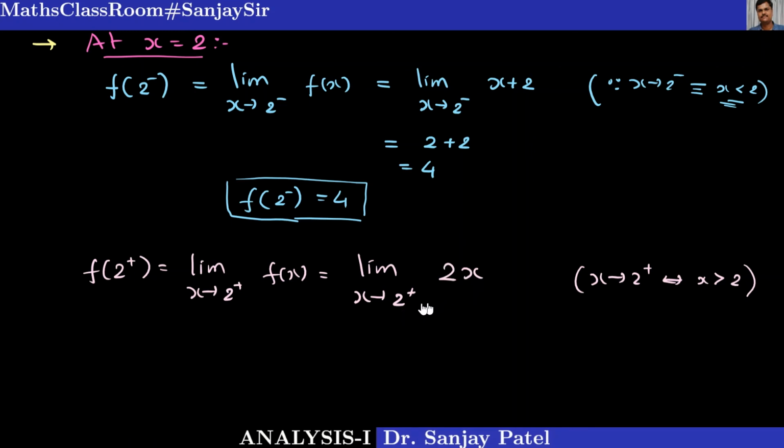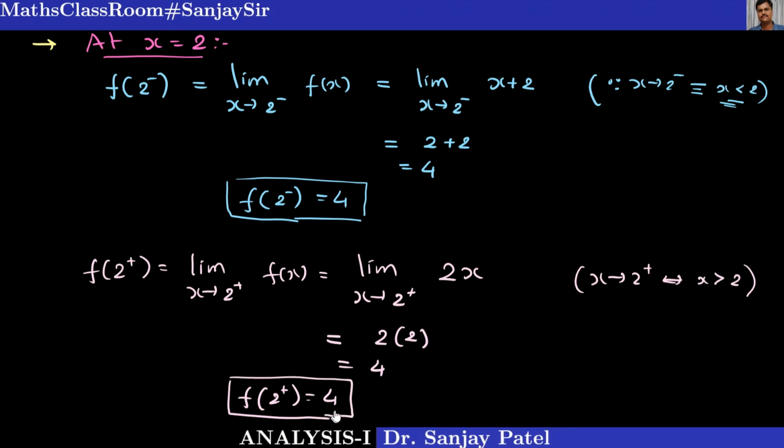So its left limit, right limit and value at 2 are equal. So I can directly put x equal to 2 in this, and I will get 4. So f of 2 plus is equal to 4, my second value.